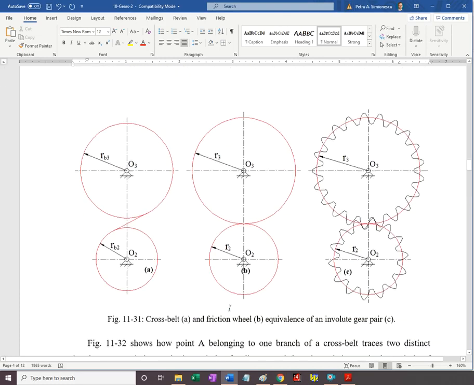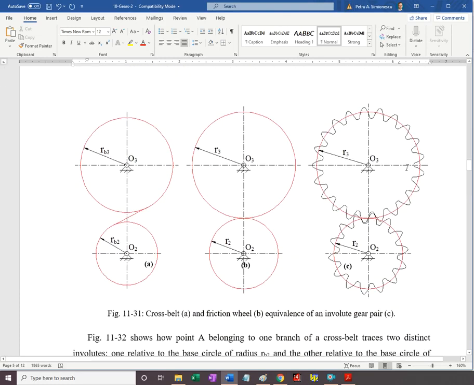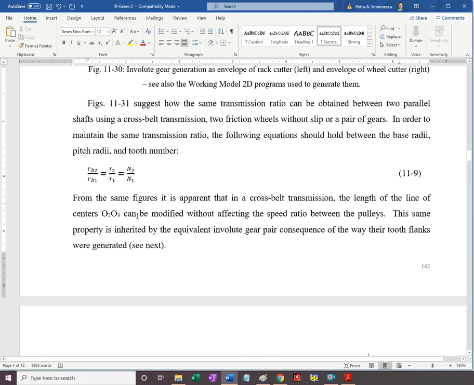So this gives the equivalence between a pair of gears with external contact and the friction wheels and the crossed belt transmission. And this is also equal to, I should have added here, it's also equal to the way you know it.